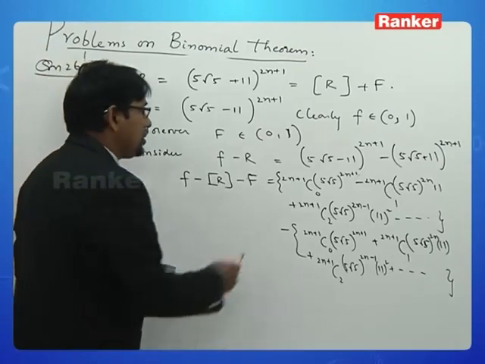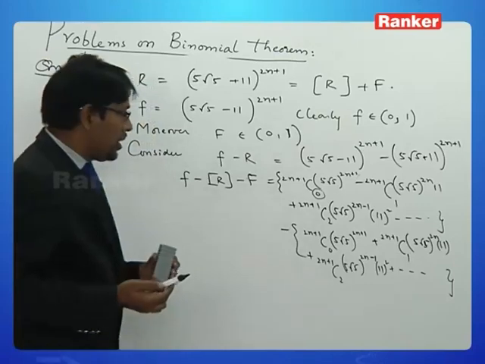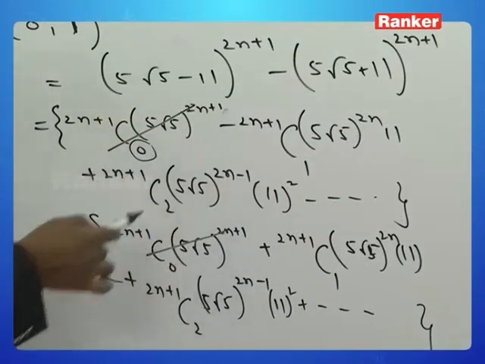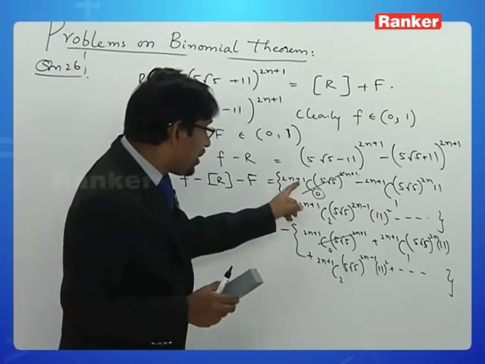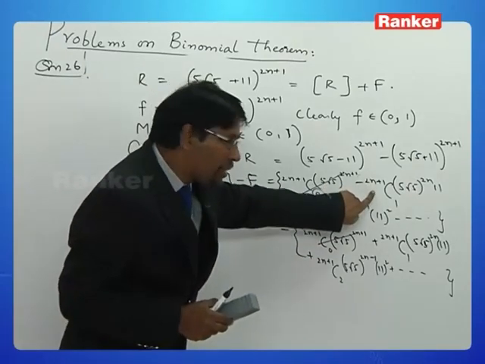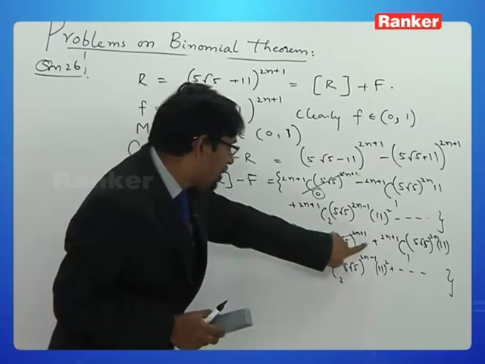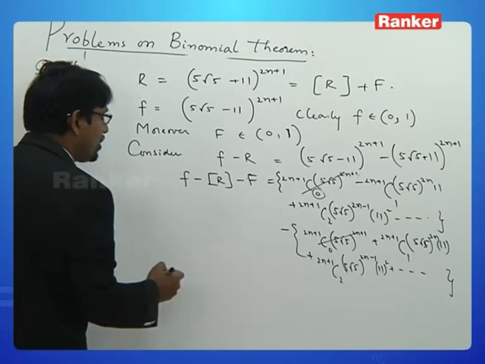Now observe that because you are subtracting, even suffix terms get cancelled. Even position terms get cancelled, so the odd suffixed terms remain, but they appear with a minus sign common, and they appear double, two times.